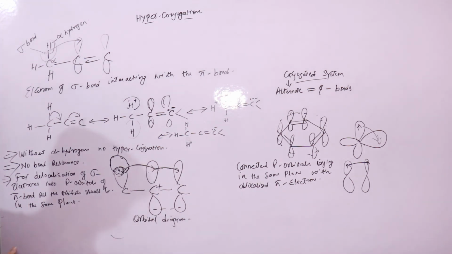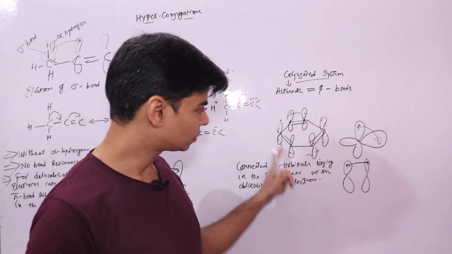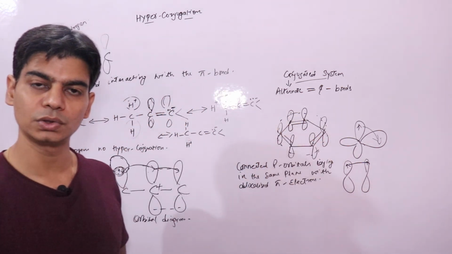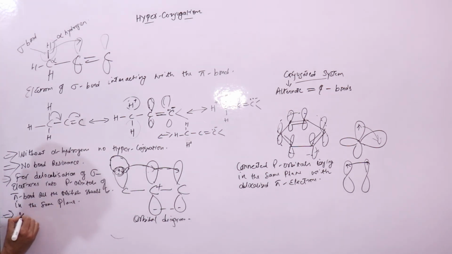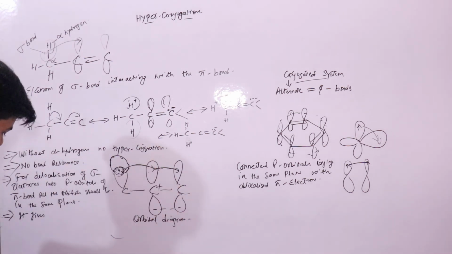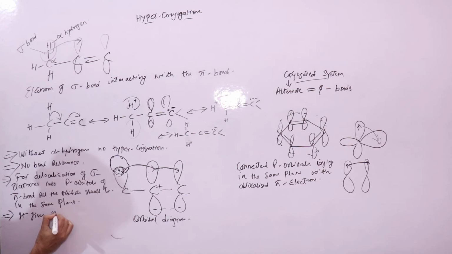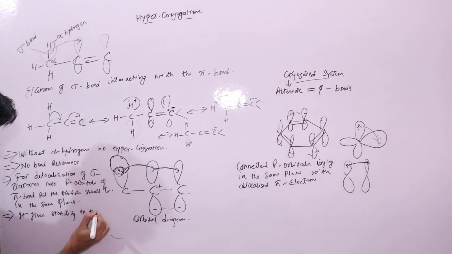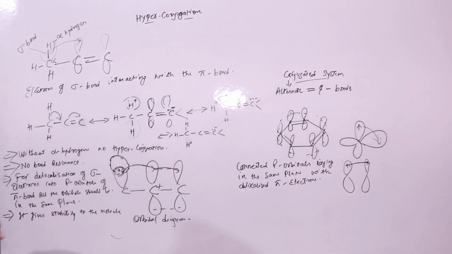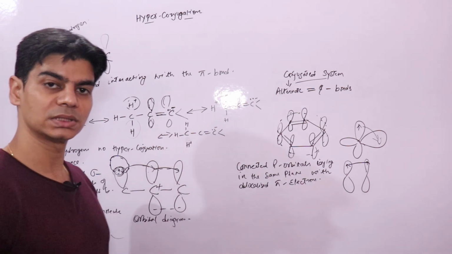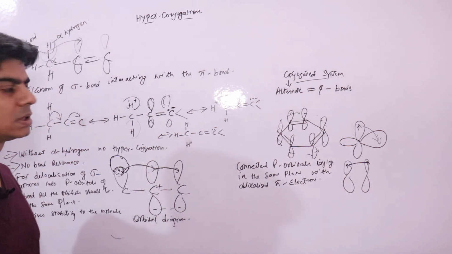And this hyperconjugation activity, like conjugation, is also a stabilizing factor. This delocalization of electrons gives stability to the molecule. The more hydrogen atoms, the more hyperconjugation activity and the more stability.